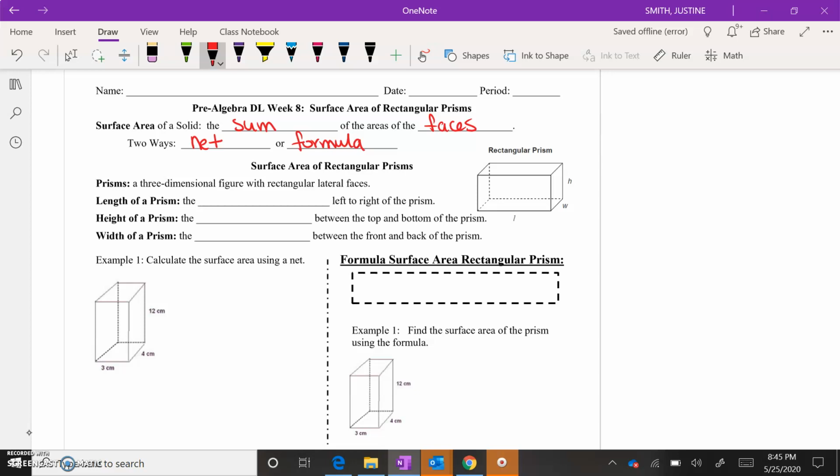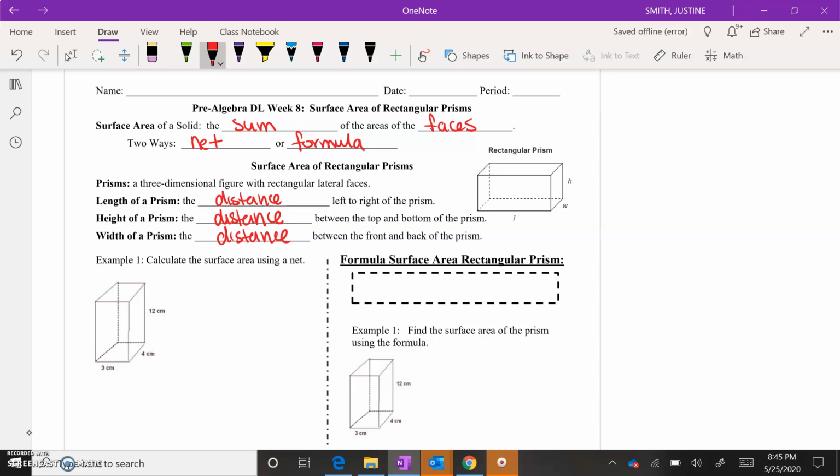They're labeling the length, the width, and the height here. The length of a prism is just the distance left to right of the prism. The height is the distance between the top and the bottom. And the width is the distance from the front to back.